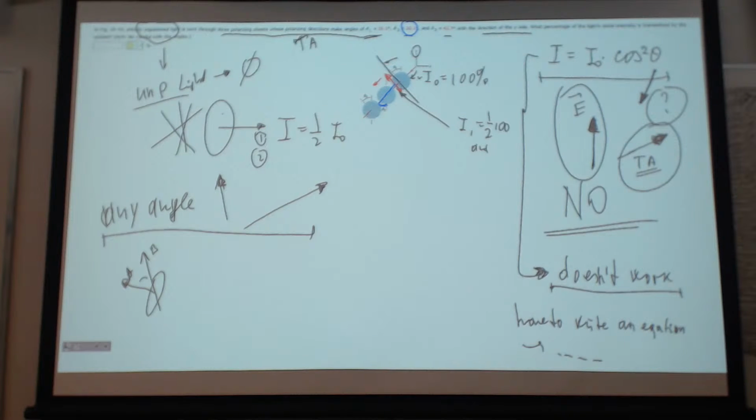This blue arrow represents the transmission axis of the second polarizer, and this red arrow represents the direction of polarization of light after the first polarizer, but before the second.